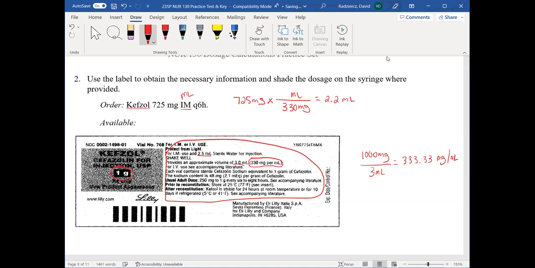This is how you would find out what the concentration was. The good news is I've seen that as examples if I do a search for reconstitution, but I have not seen that as an example that you would actually have to do on a test situation.